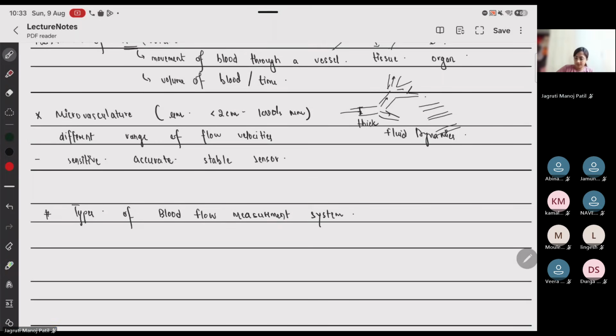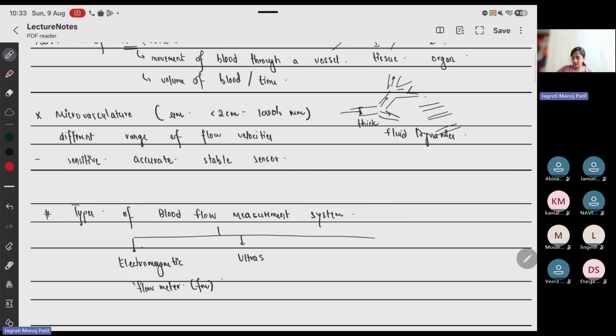So the first one is electromagnetic. All of them are flow meters. Let's just say flow meter is FM. Electromagnetic flow meter. Then you have some based on ultrasonic.